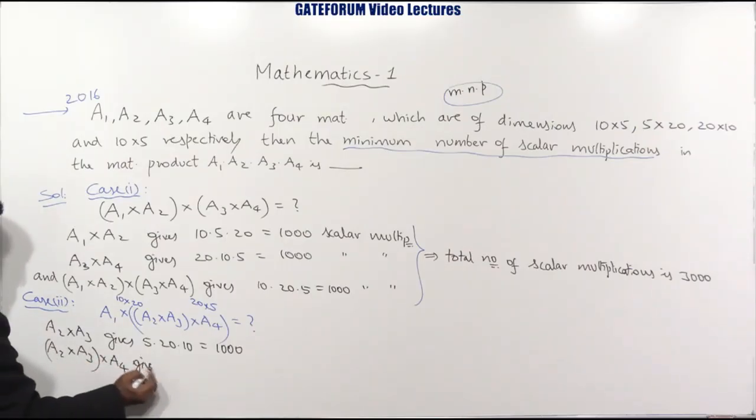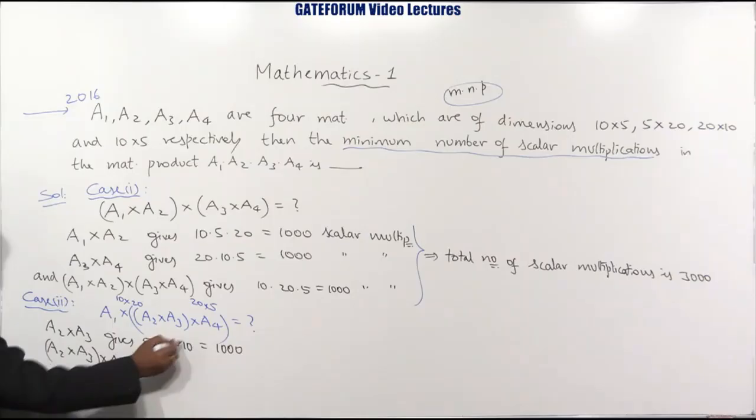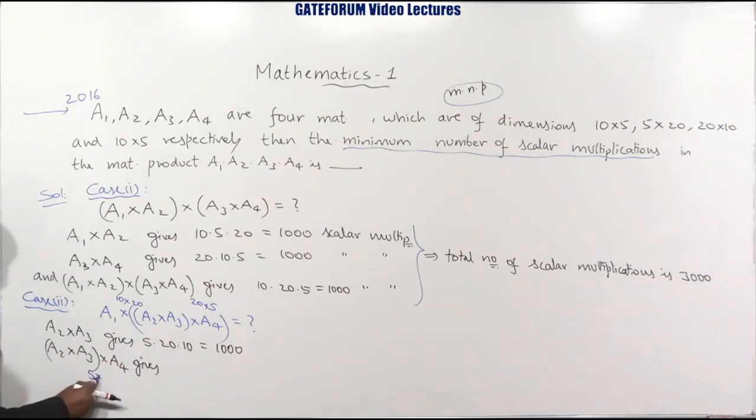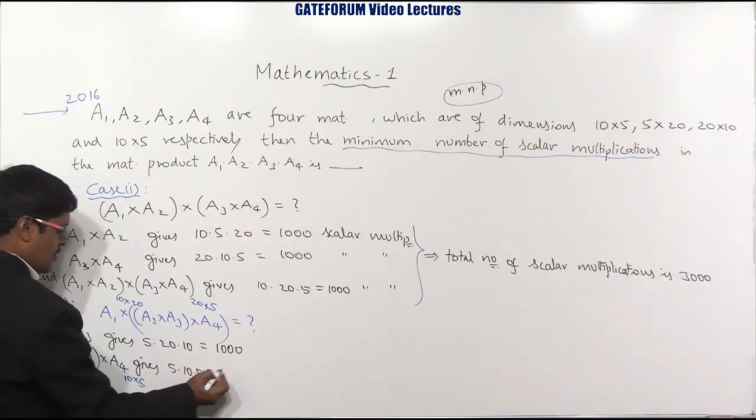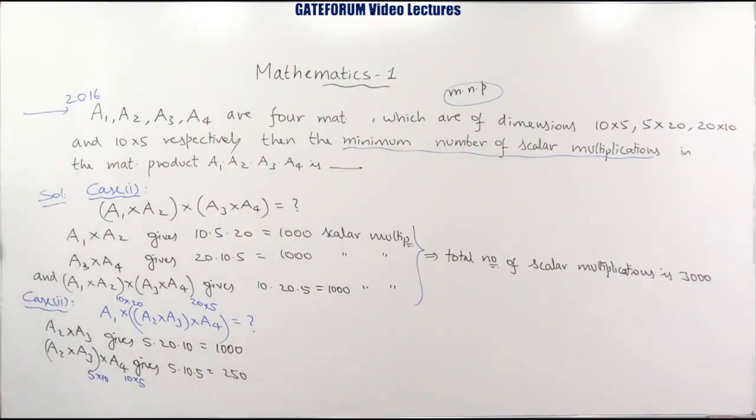What is A2 into A3 order? 5 into 10. What is A4 order? 10 into 5. So compare with M into N, N into P: 5 into 10 into 5. That is 250 scalar multiplications.